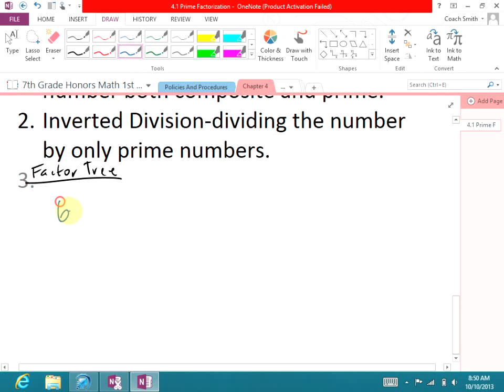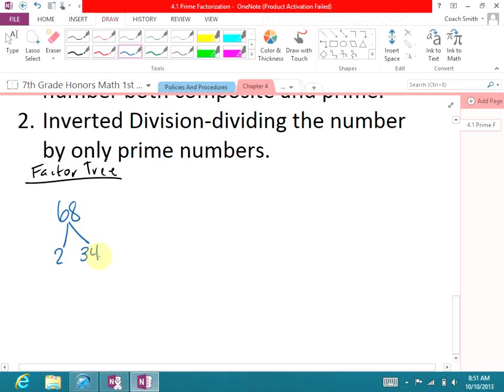If you want to use both of them, that's fine. 68 would be, I want two factors of 68. What are two factors that you multiply together to get 68? 8 and 6? No, 8 and 6 would be 48, not 68. 2 and 34.